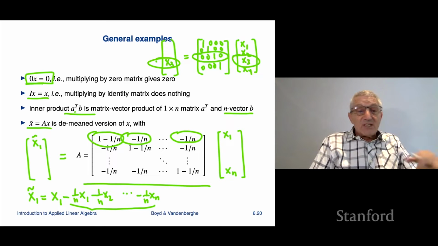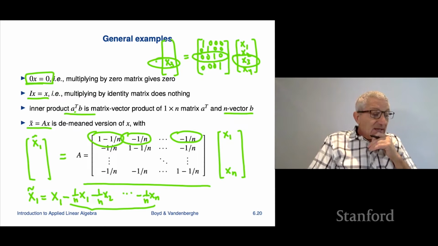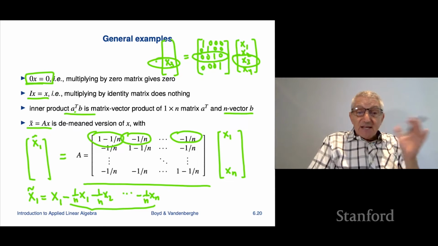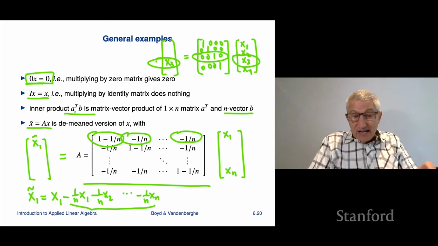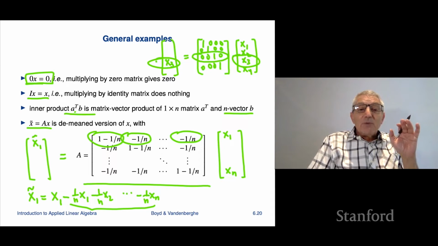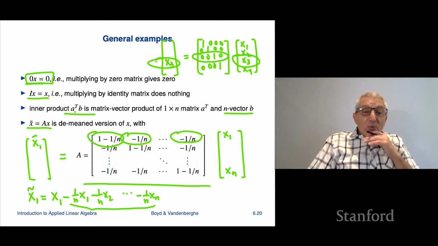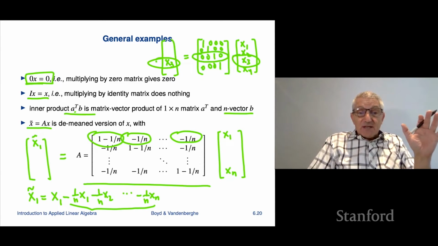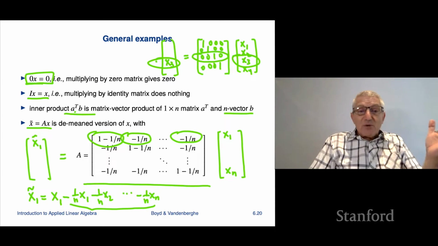So this is a fancy way, I mean, it's a silly way to demean a vector, but you can think of it as just a matrix vector multiplication with this matrix A. By the way, when we see what multiplying a matrix by a vector does, and we interpret it some way, like this is demeaning, you're going to want to develop the skill of going both ways. Like I show you a matrix, and then you tell me what it is in words.